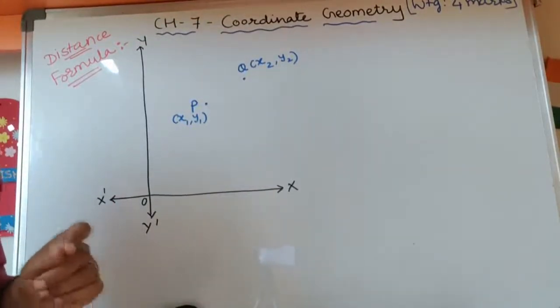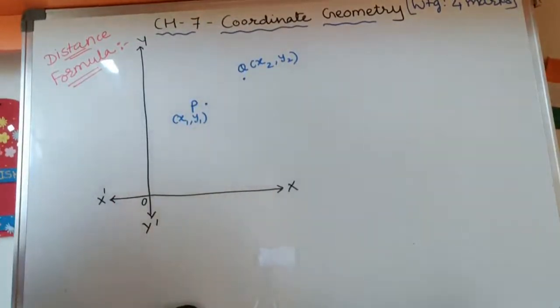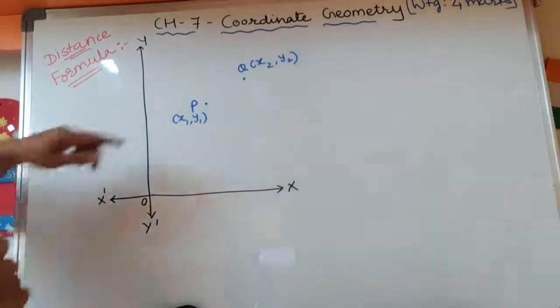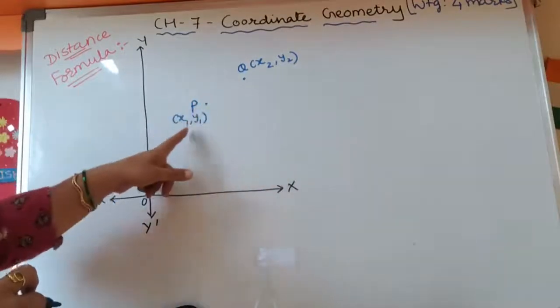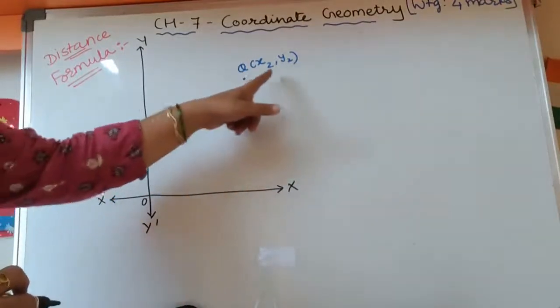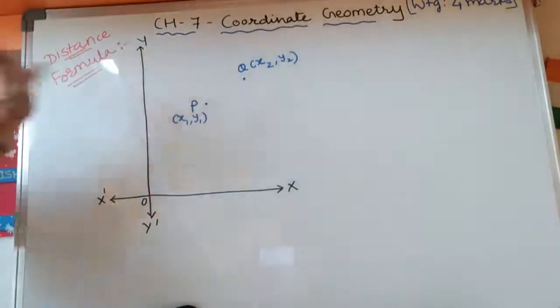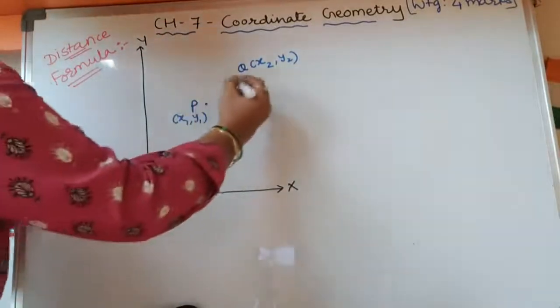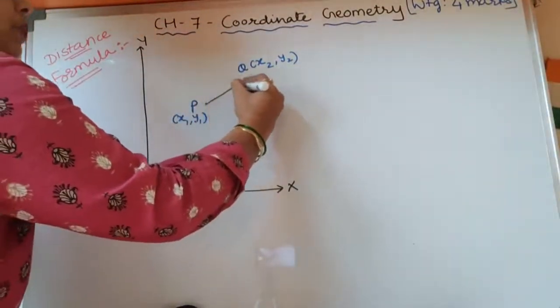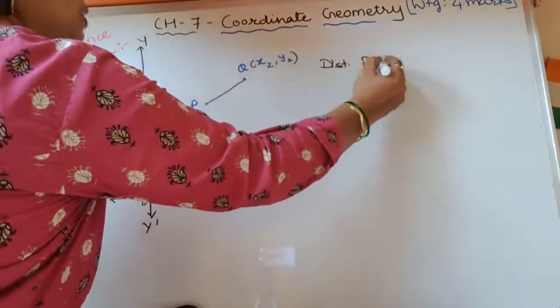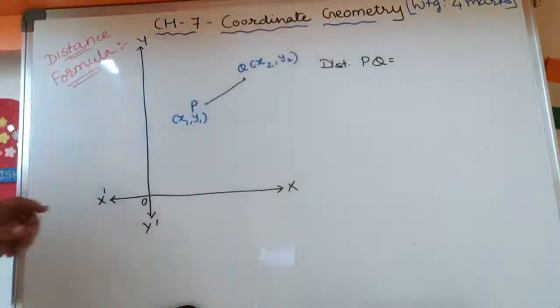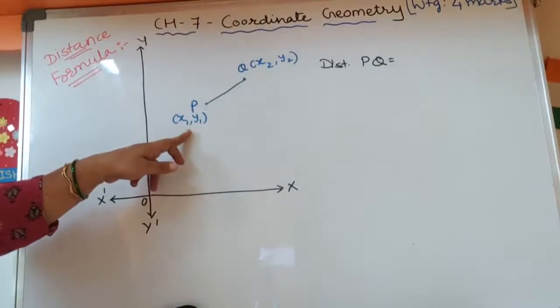So I am just showing you that if two points P and Q having coordinates x1, y1 and x2, y2 respectively are given, and it is asked to find the distance PQ. So how to get the distance?